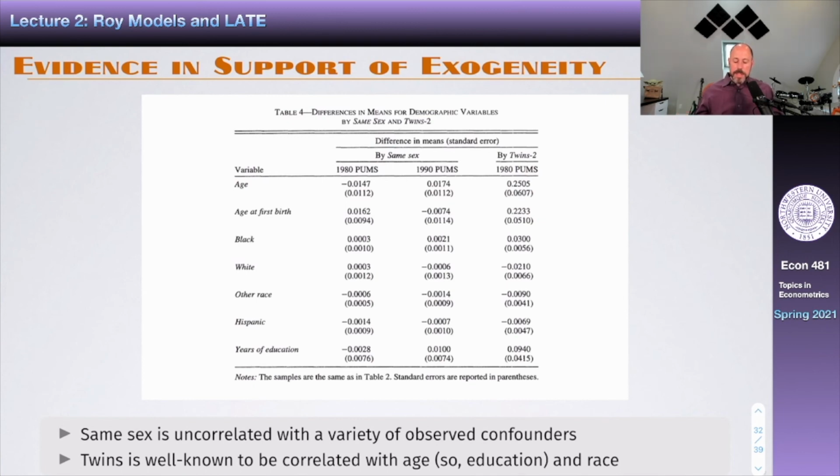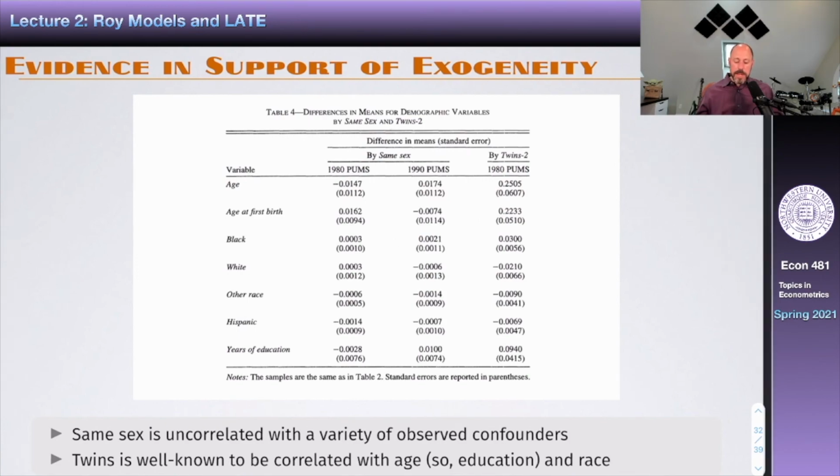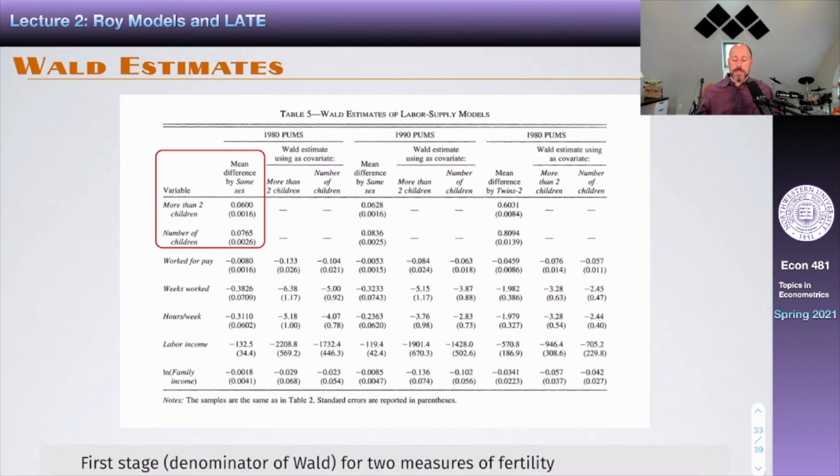Then we get to this, which is more interesting, okay? Because this puts together what we learn in class. So remember that we had 2 instruments here. One is the instrument that is more than 2 children: 1 if you have more than 2 children, 0 if not.